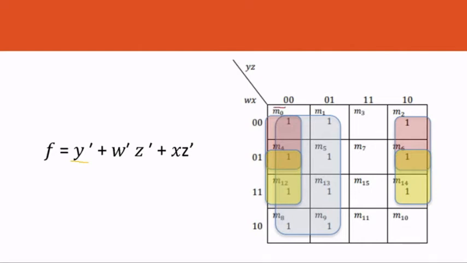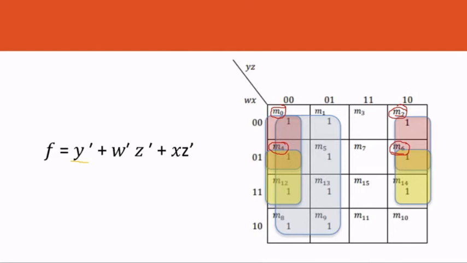Okay, so let's look at a group of 4 adjacent squares. This one. We're going to look at M0, M4, and then we have M2, and we have M6 or minterm 6. So do they have a common value of W? M0 is W prime, right?